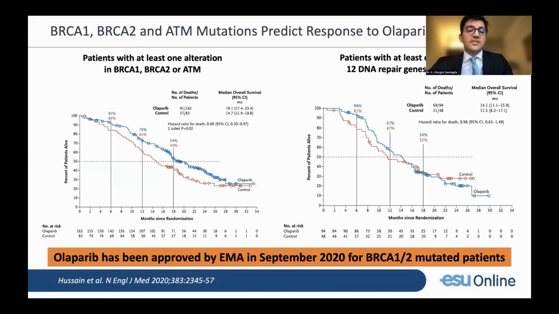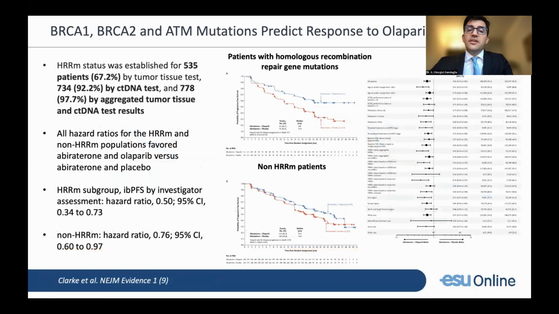On the basis of this and other data, olaparib has been approved by EMA in September 2020 for the treatment of patients with metastatic castration-resistant prostate cancer who are BRCA1 or BRCA2 mutated. And here you can see that even when we're treating patients with a combination of novel ARTA plus olaparib, the effect is higher in men who have HRR mutation compared to the ones who are non-HRR mutated.